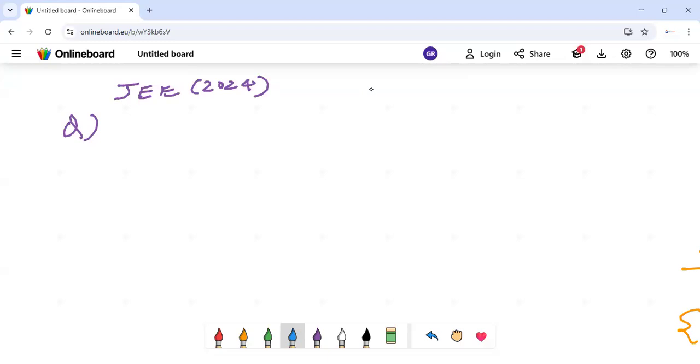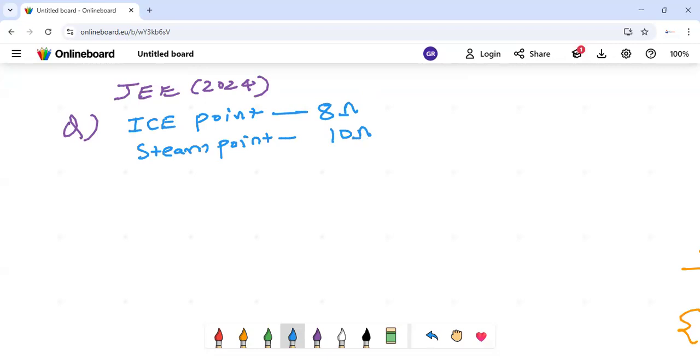Okay, so ice point 8 ohm and steam point 10 ohm. I'm giving only the relevant data. They are asking for resistance at 400 degrees Celsius.